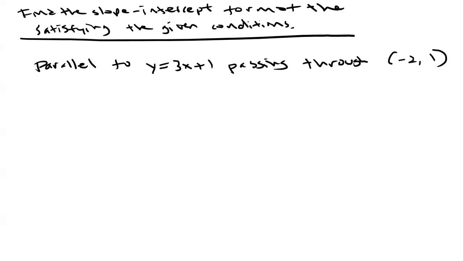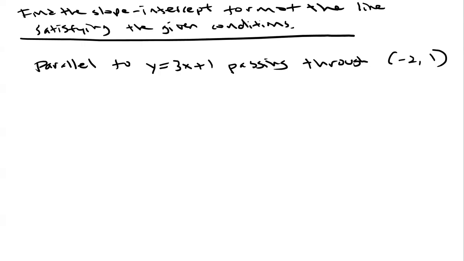Okay. Here is the meat of our lesson. Here we want to find the slope-intercept form of the line satisfying the given conditions.